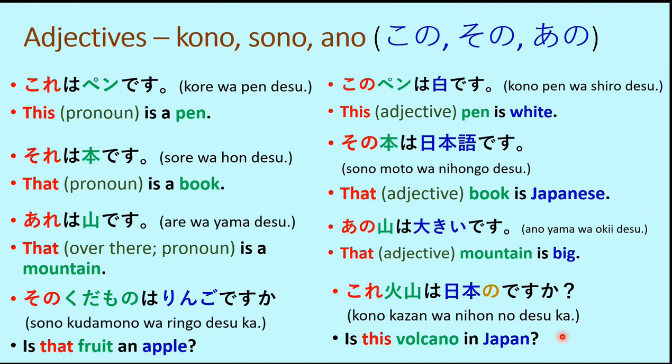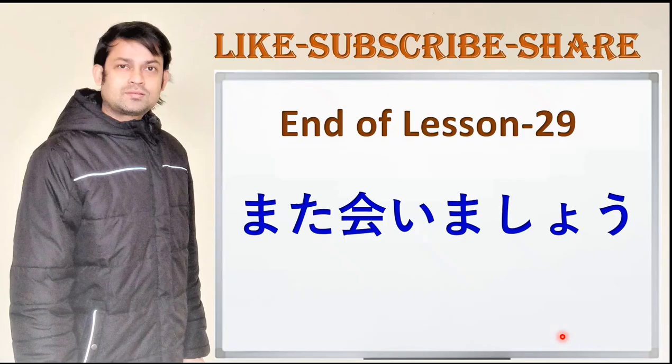So this is very, very important, and I hope you have understood both types of this and that, that is pronouns and adjectives, and the difference between them, and how differently they are written in Japanese, both in normal statements and in interrogative sentences. And additionally, we have also talked about the particle no, which represents belonging or possession.